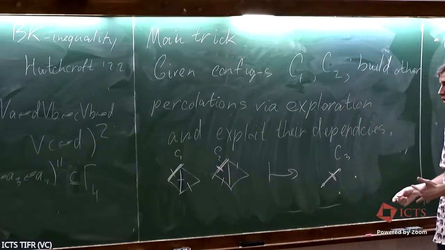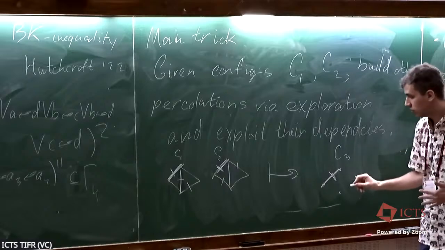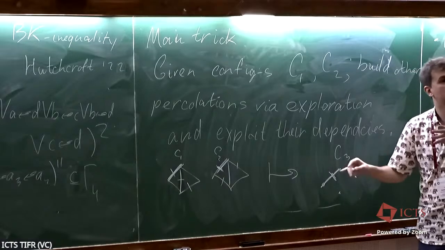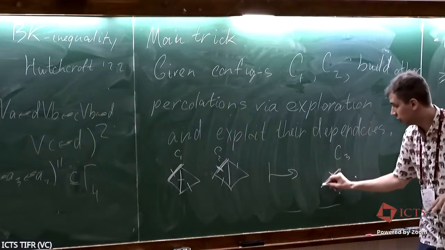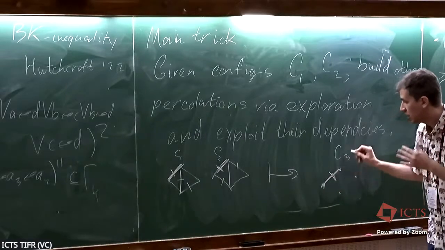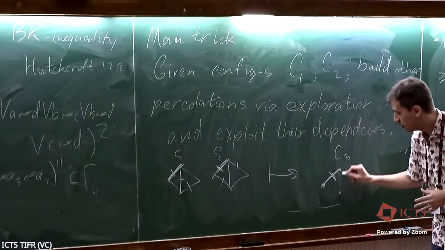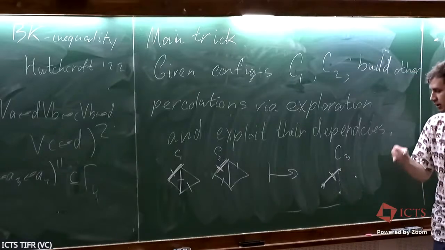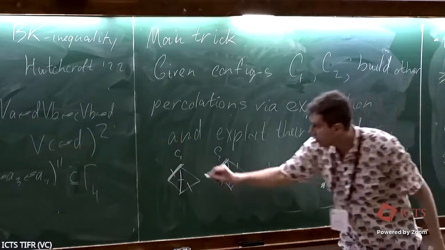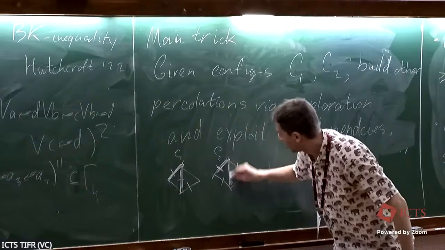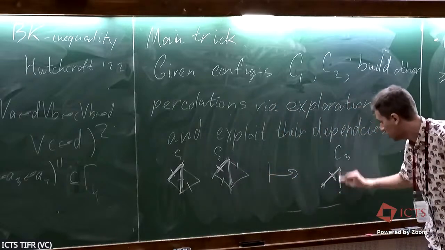After you make this decision, you're free to run a decision tree based on what was revealed. You say, okay, the next edge I reveal will be this one, and I pre-commit that I will take the state of this edge from C2. You reveal: it's closed here, open here, but you pre-committed to C2, so you take it open.